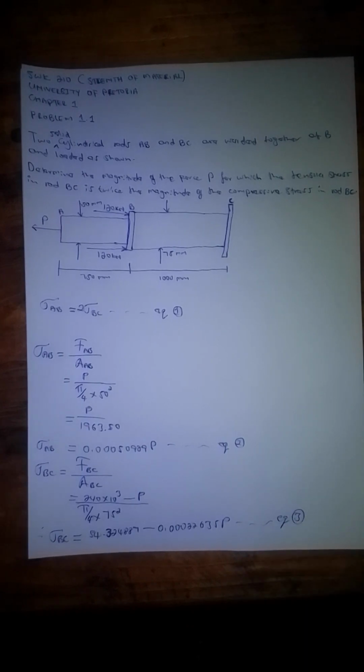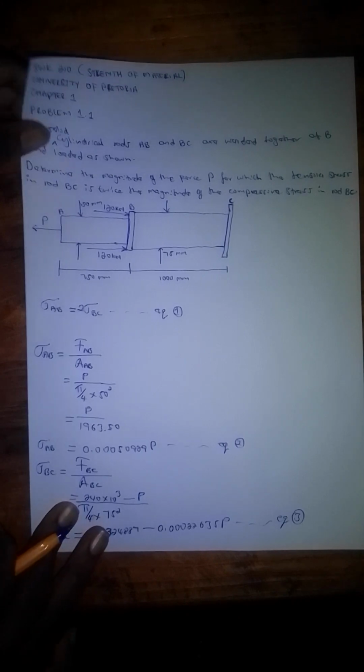So now from here, we are done with your SWK 210 element principles. We are left with the arithmetic. We can simply do your simultaneous equations.